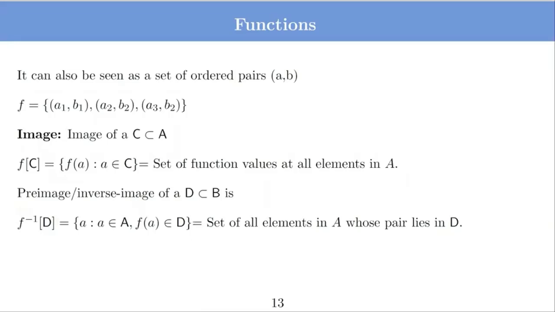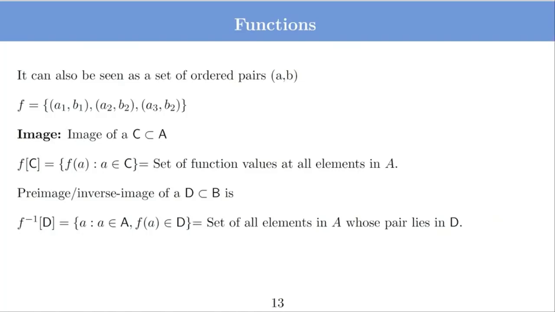Now what is the image of a set? Suppose C is a subset of A, then the image of C under this function is the set of all elements in B which are mapped from any element of C. Formally, we denote it by F[C]. This image of C under function F is equal to the set of all f(a) such that a belongs to C. So you take every a in C, calculate the map f(a), and make the set, and that will be your F[C].